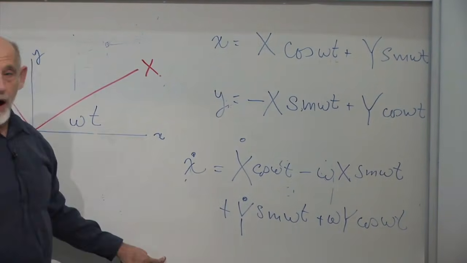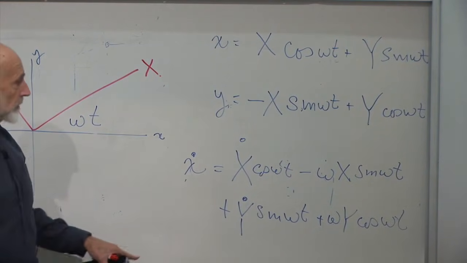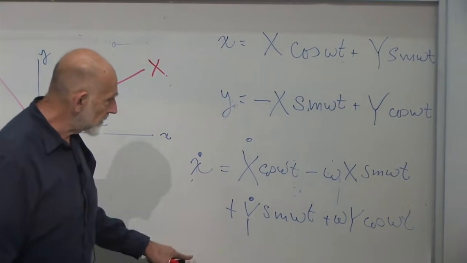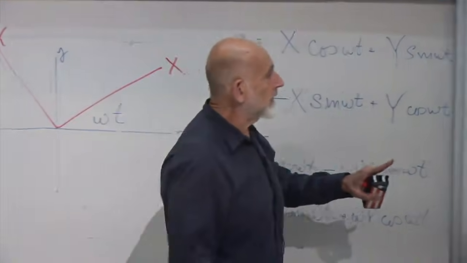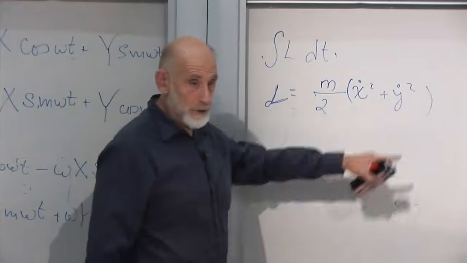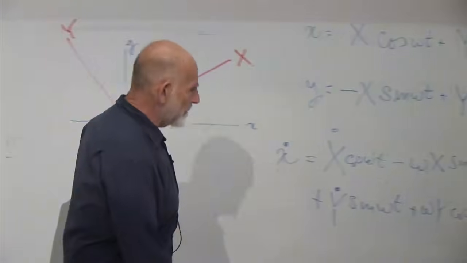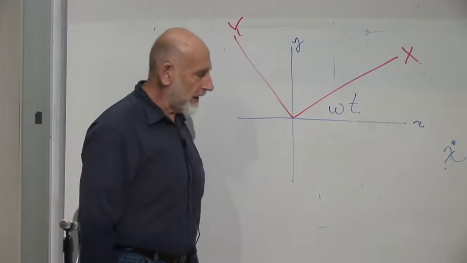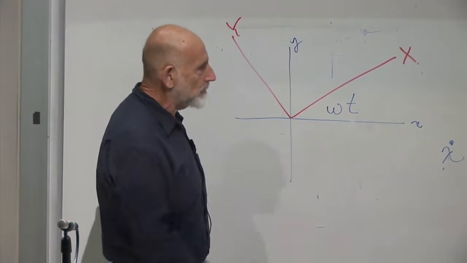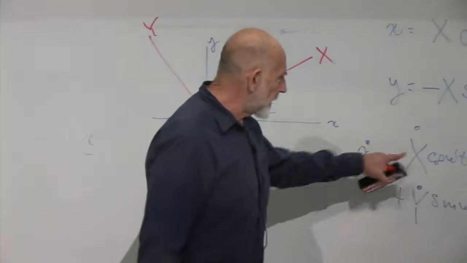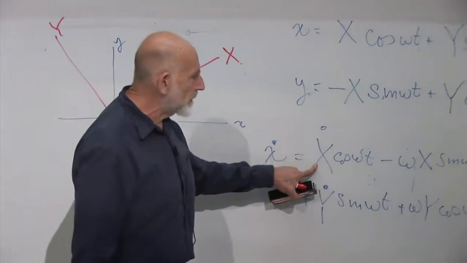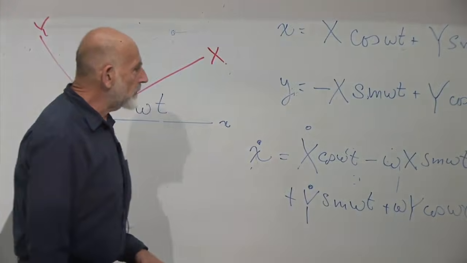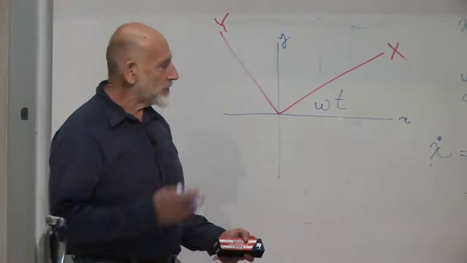You do the same with y, and then you calculate x dot squared plus y dot squared. It looks a bit messy, but it's really very simple, essentially by inspection. We're rewriting the Lagrangian in terms of the big coordinates. You have to use over and over again that cosine squared plus sine squared is 1.